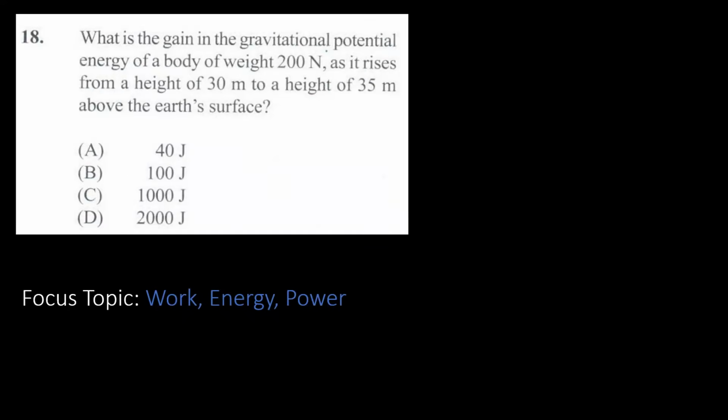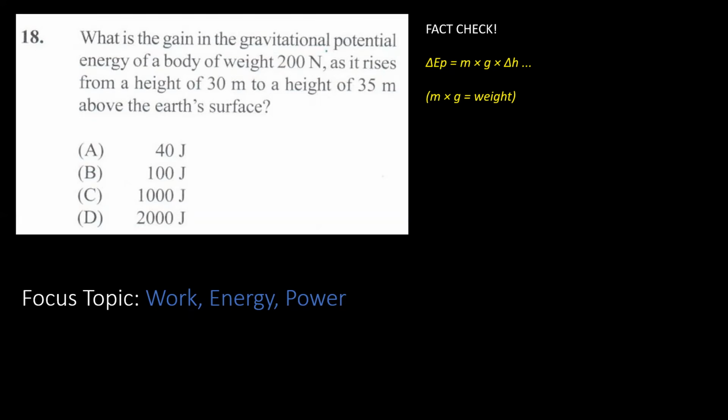Right. So question 18 is based on the topic of work, energy, and power. We are asked to calculate the gain in gravitational potential energy of a body of weight 200 newtons as it rises from a height of 30 meters to 35 meters above the Earth's surface. Now we can calculate that by using the equation that the change in gravitational potential energy is equal to the product of the mass times the gravitational field strength times the change in height.